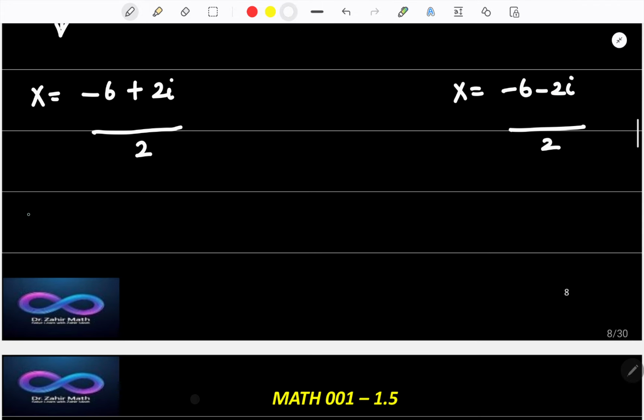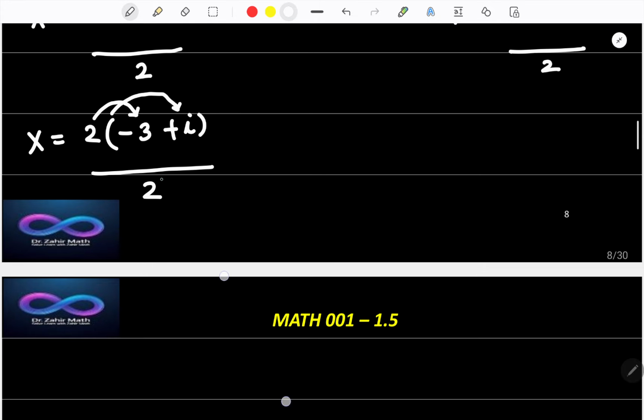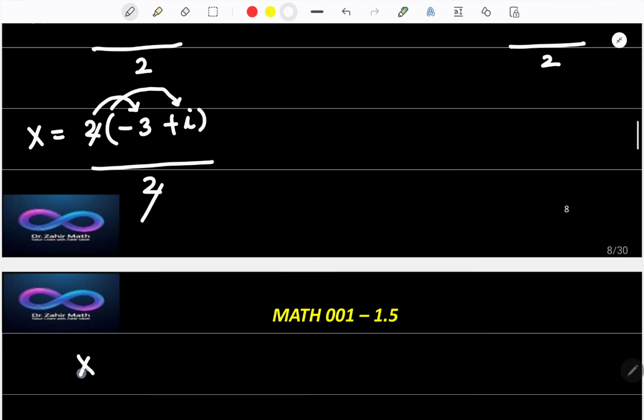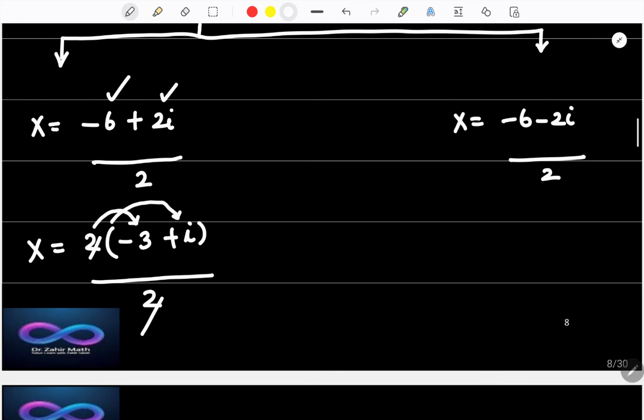Taking the common factor 2, I will get minus 3 plus i divided by 2. Make sure what you have taken is correct: 2 into minus 3 is minus 6, 2 into i is 2i. Wow, fantastic, so it's correct. So 2 gets cancelled, and you get x equals minus 3 plus i. Clear everybody?